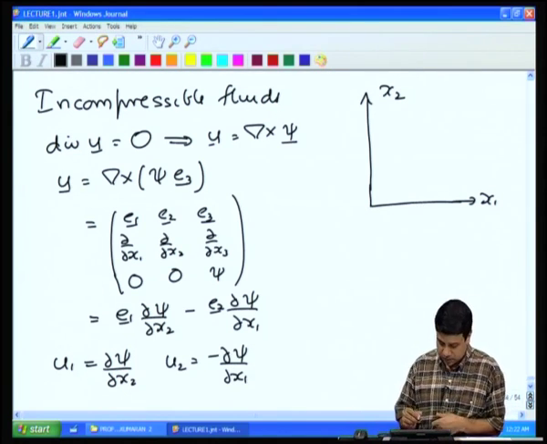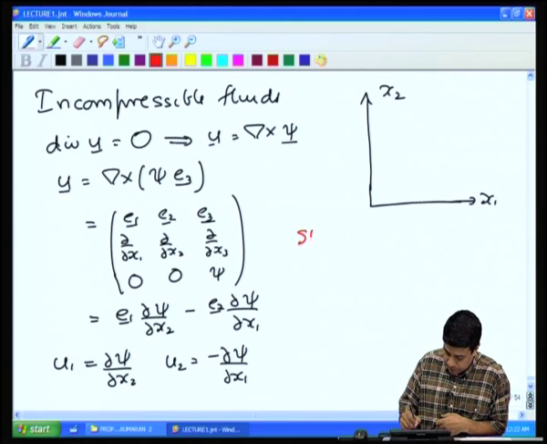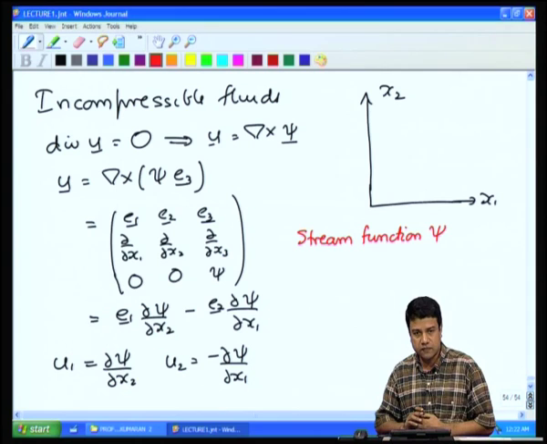This psi, for these two dimensional flows, is what is called the stream function.